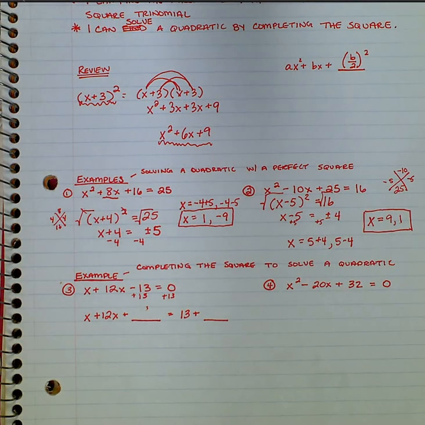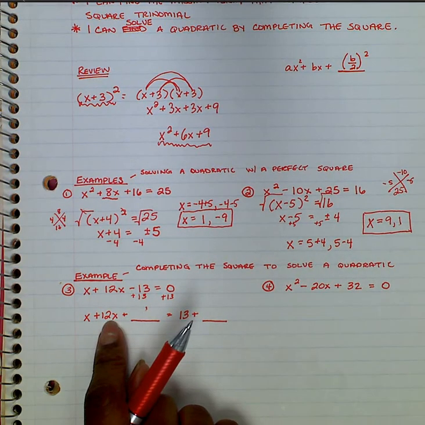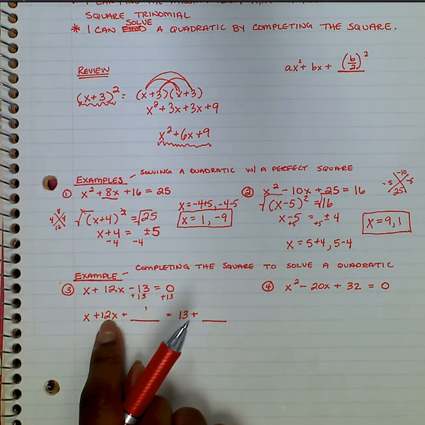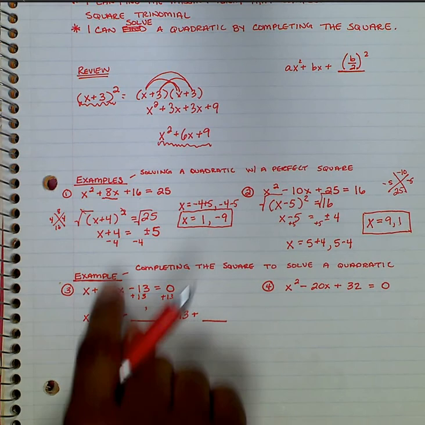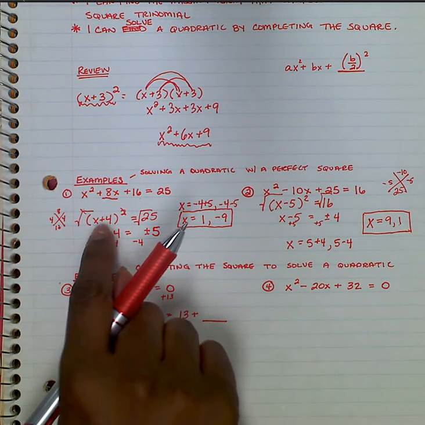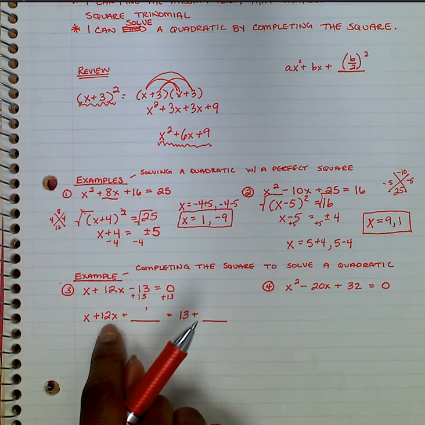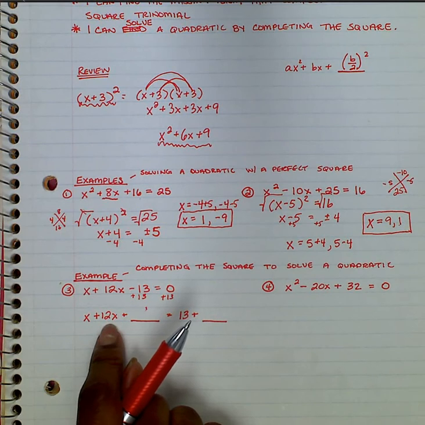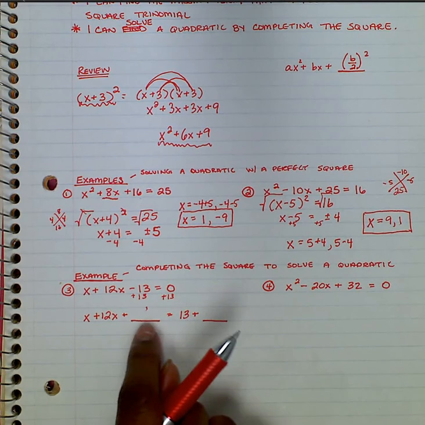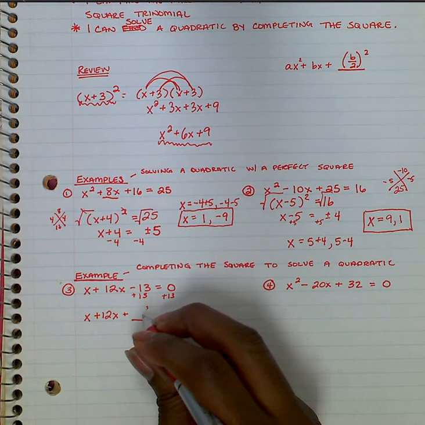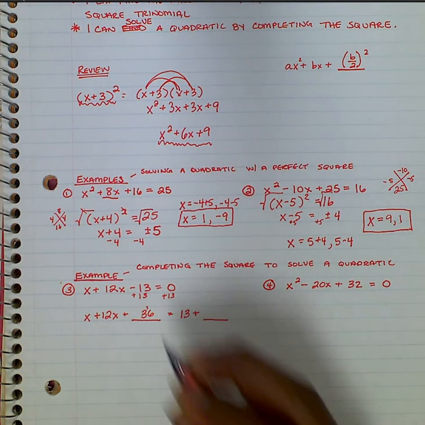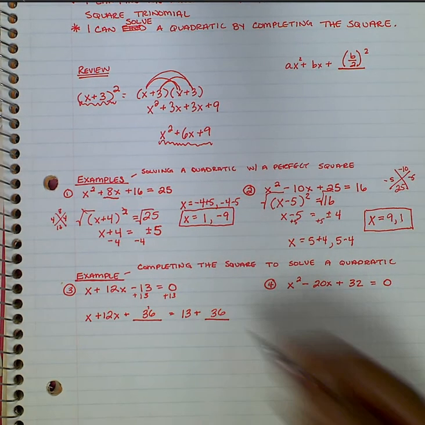And the reason that we have to do that is we're going to try to find out what number we can have that is the same in both binomials. Okay, what two numbers add up to give us 12 and are the same number? That's going to be 6. 6 plus 6 is 12, so here it should say, what's 6 times 6? Well, it's 36.